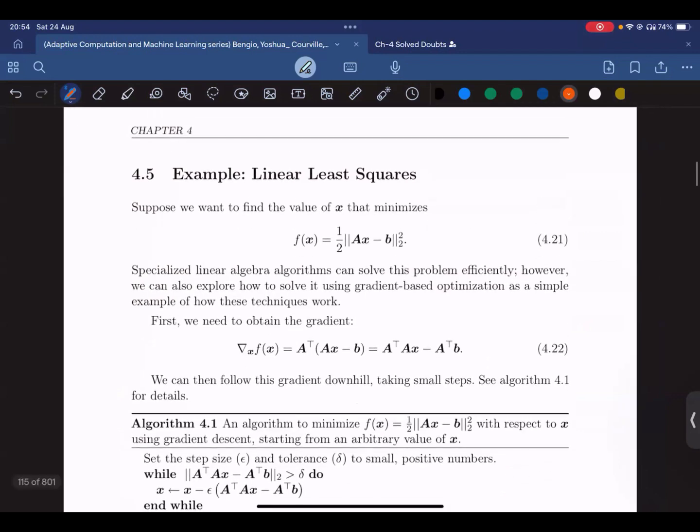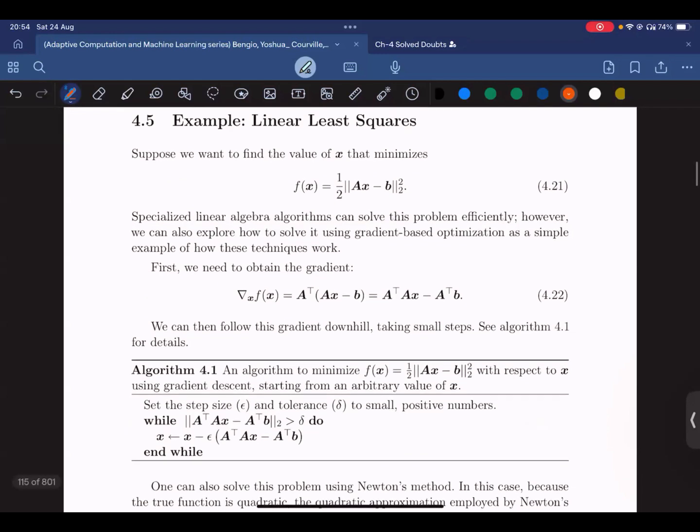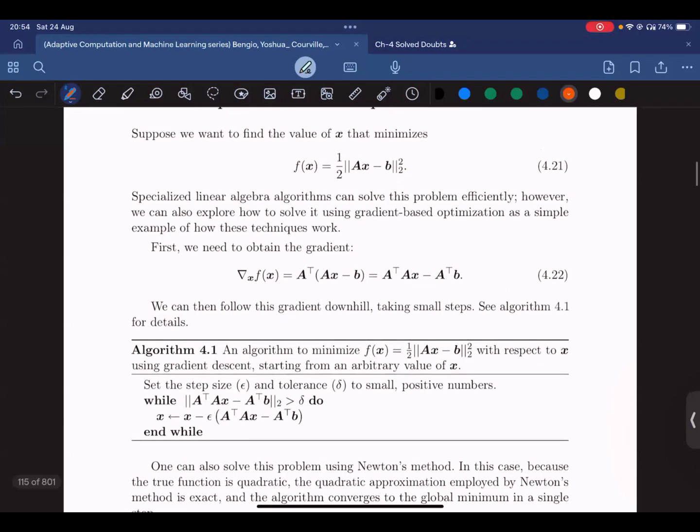So this is a simple example. If f of x is this quantity, the gradient of f of x is this quantity here. We can get this by writing this as (Ax minus b) transpose into (Ax minus b).